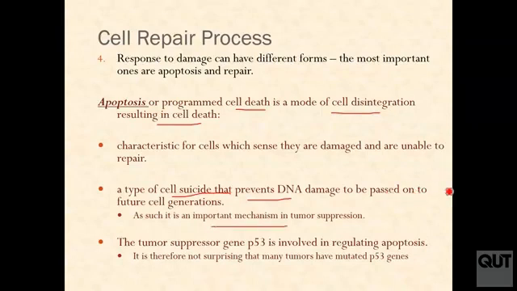So it's a very important mechanism. It would rather have a cell die than mutate. There's a tumour suppressor gene, P53, involved in regulating this process, and many tumours actually have mutated P53 genes which stop this apoptosis process.